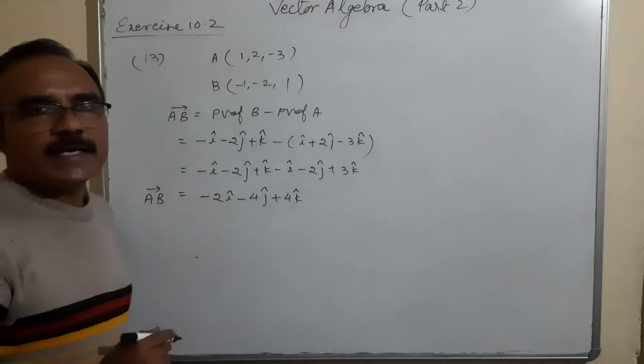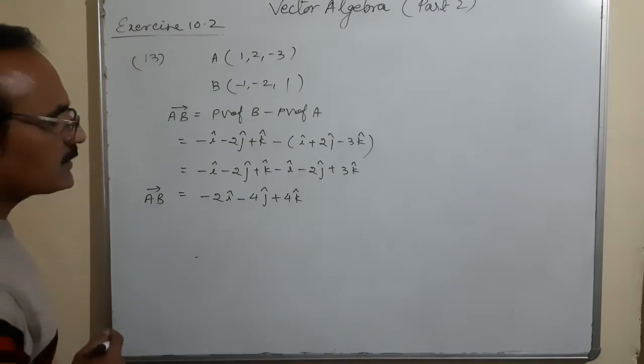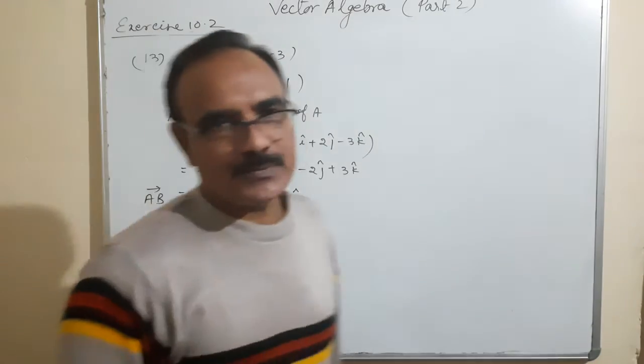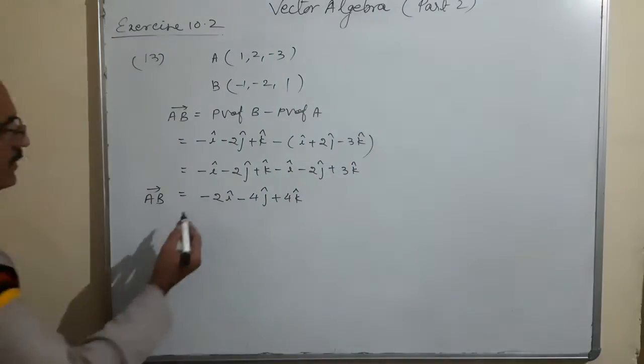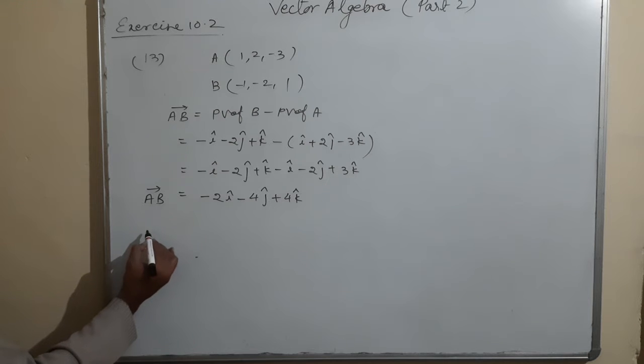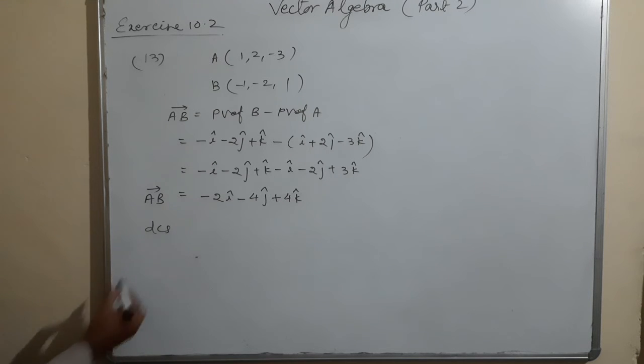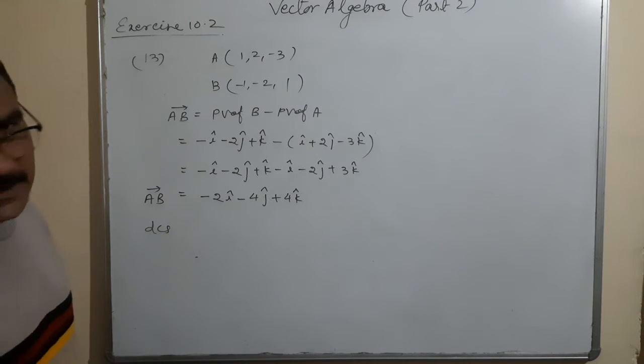Now we are going to find the direction cosines. So direction cosines, what does it mean? Cos means base upon hypotenuse. So we'll have to divide by the hypotenuse. For finding the direction cosines, DCs we write here, that means direction cosines in the short form.